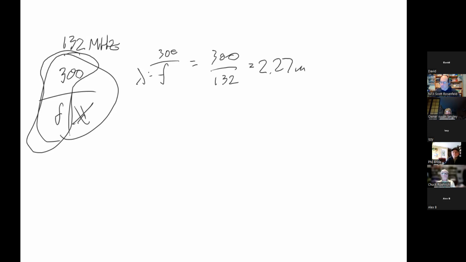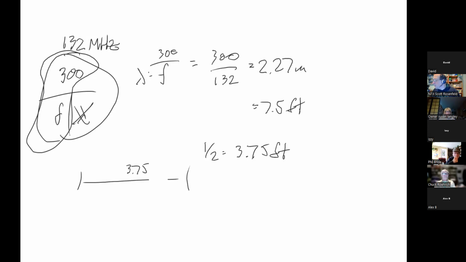Might as well convert it to feet. We get 7.5 feet. That is a full wave at 132 megahertz. So a half wave is 3.75 feet. So if we made a half-wave dipole, it would be 3.75 feet long. But let's say, why would we want to do that? Okay, so we're going to look at this thing called a dipole.